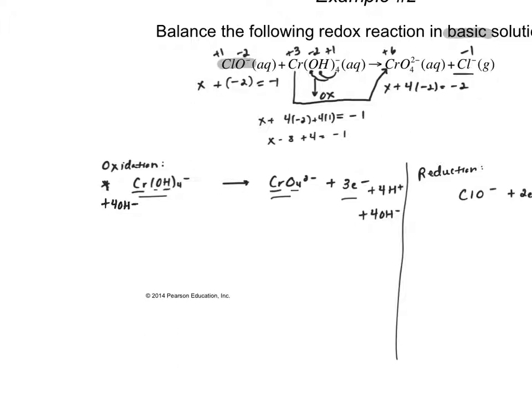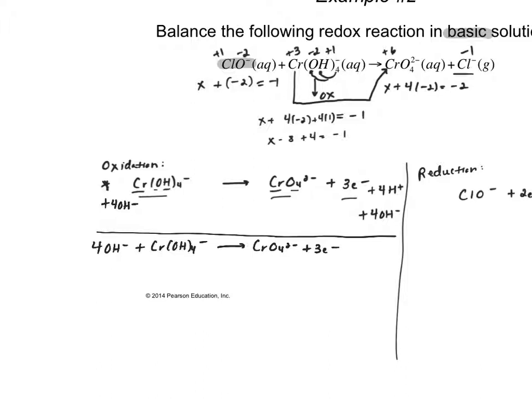All right, so then what are we left with? So we'll go ahead and rewrite this guy as 4OH- plus Cr(OH)4- going to CrO4 2- plus 3 electrons, and then 4H+ plus 4OH-, what does that make if we combine them?